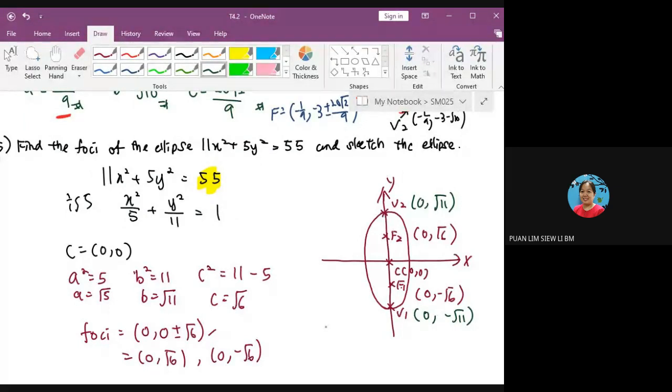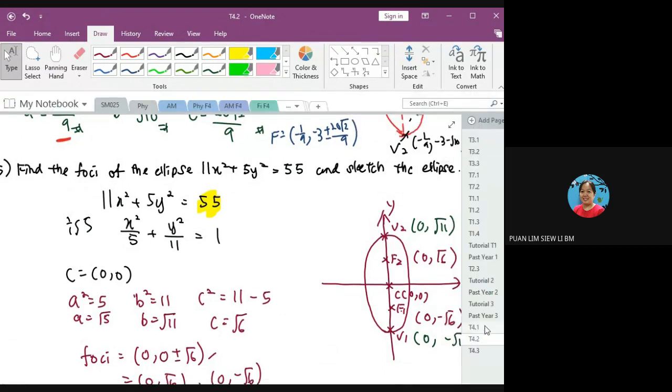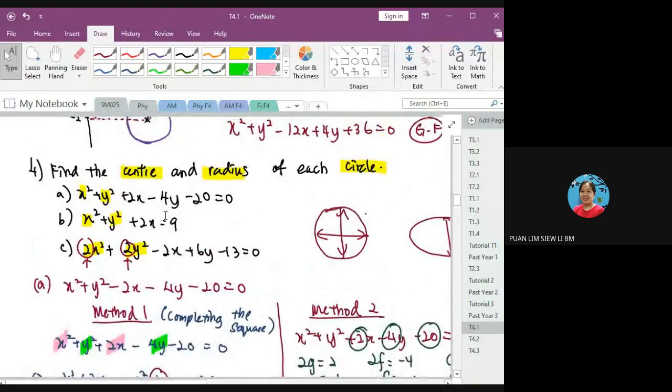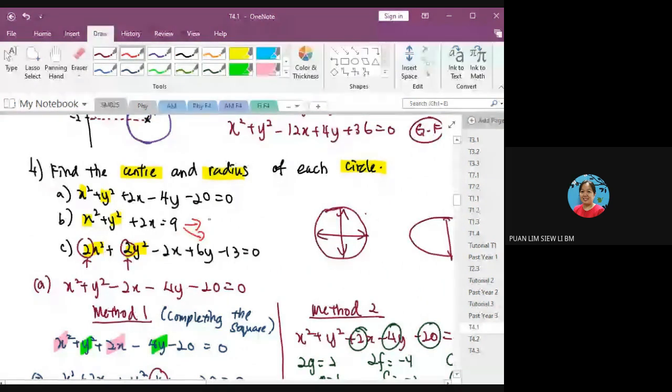Boleh ke? Boleh, Miss. Okay, before we go, I want to check your answer at this. What's your center? Question 4B as your homework. As your homework here, what's your center? And what's your radius? So tell me answer.